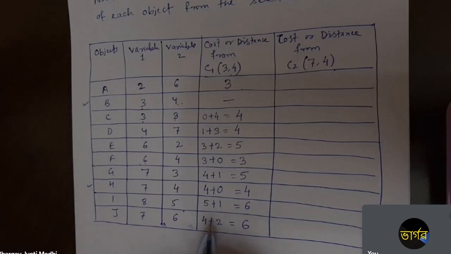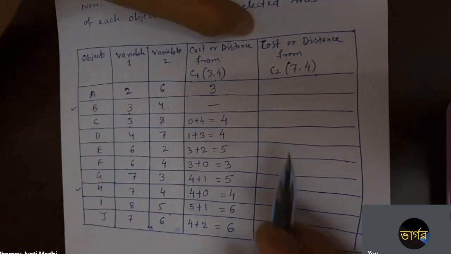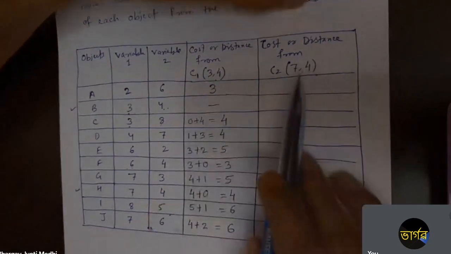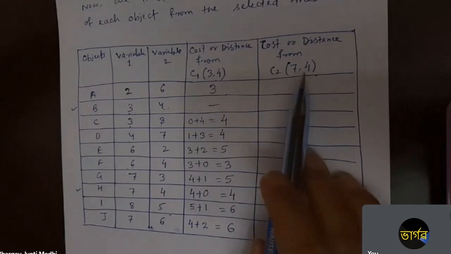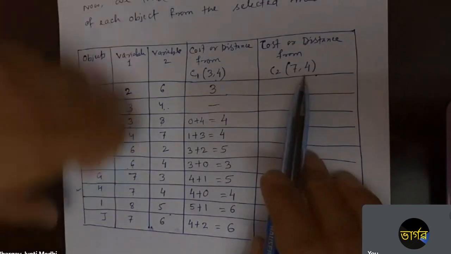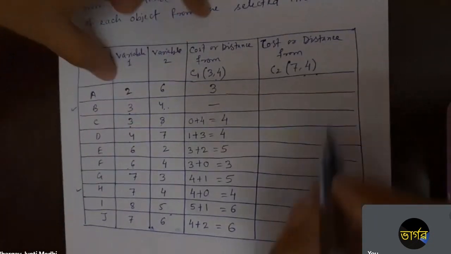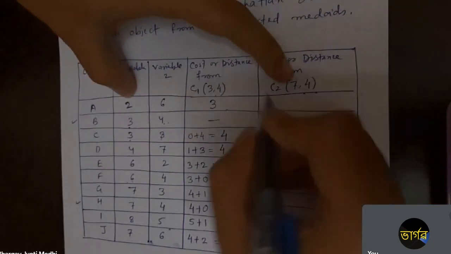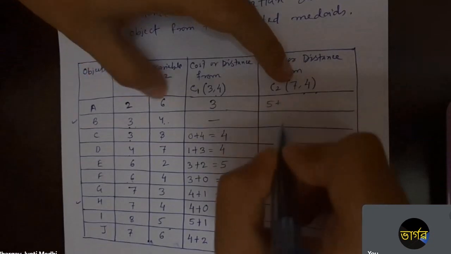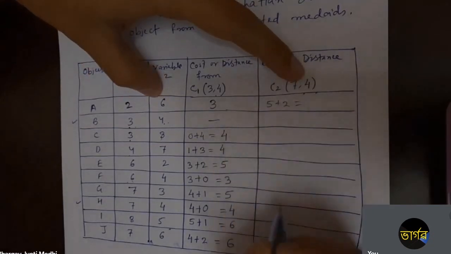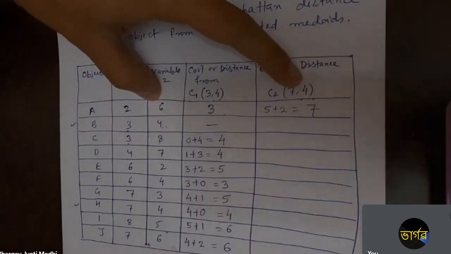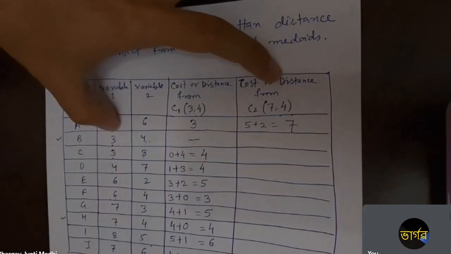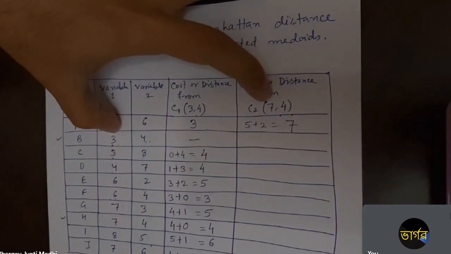Similarly, cluster 2 whose center is 7, 4, ইয়াৰে distance ওলাব লাগিব from each of the points. Okay, এতিয়া কৰো. 7, 4 আৰু 2, 6. So 7 minus 2 is 5 plus 6 minus 4 is 2. So that will be 7. Next point is B 3, 4 আৰু ইফালে 7, 4. 7 minus 3 is 4 plus 4 minus 4 is 0.